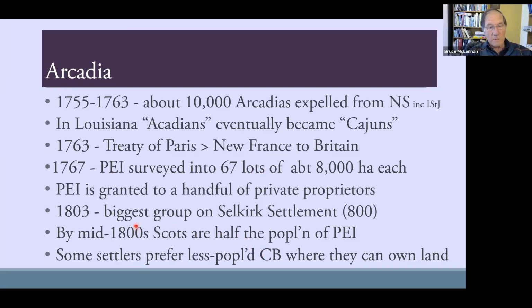The biggest group of people who went to settle PEI after this land was divided up were the Selkirk settlers in 1803. Selkirk, you might remember, is a name more associated with the Red River settlement, at what is now Winnipeg.